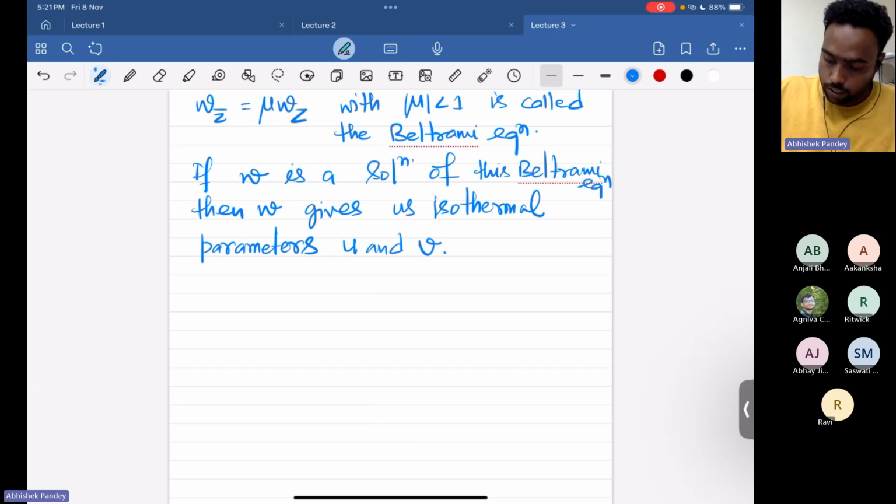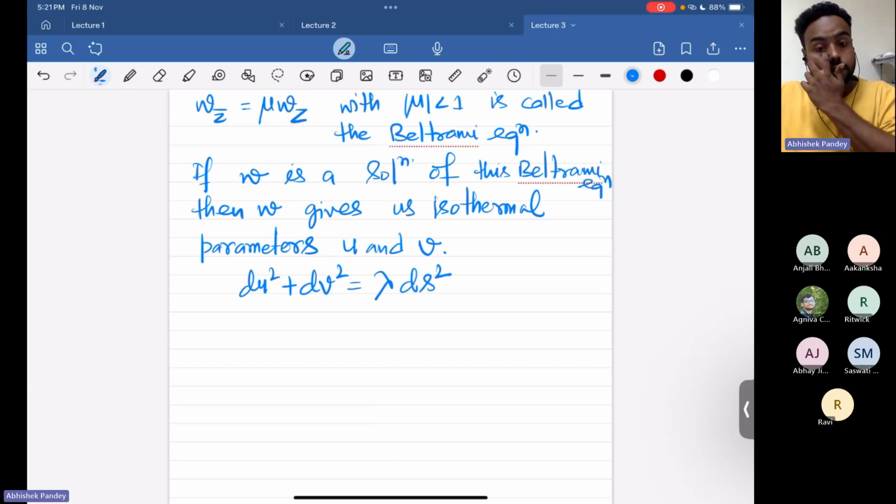Basically, one can check that du square plus dv square is nothing but lambda ds square.